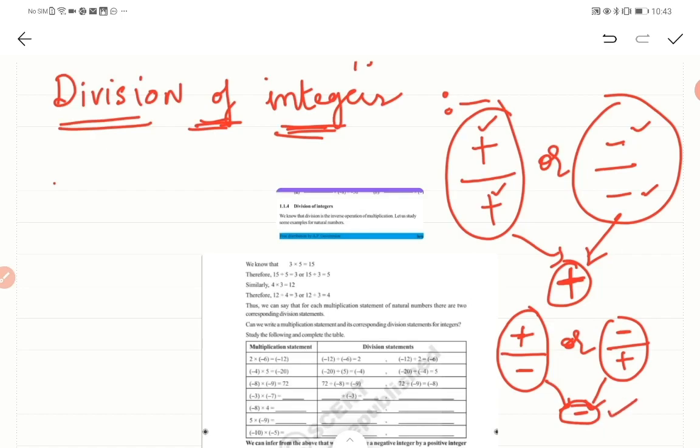This rule is the same as in multiplication.